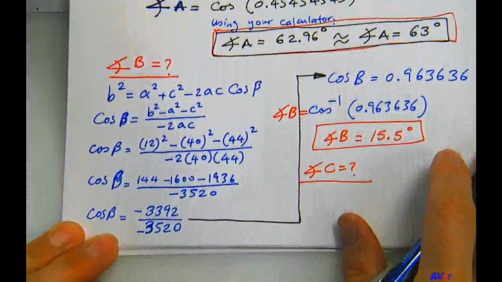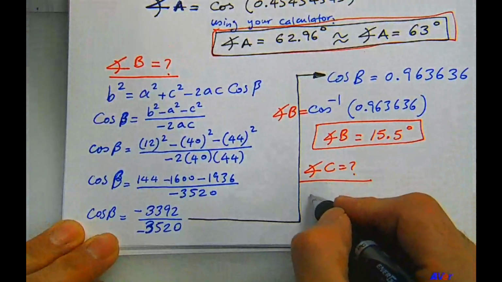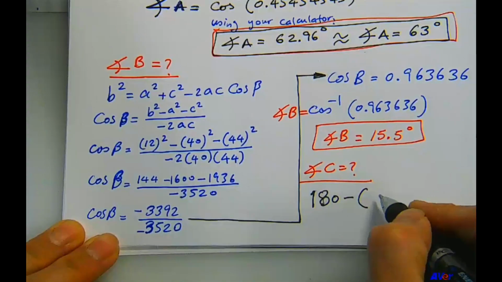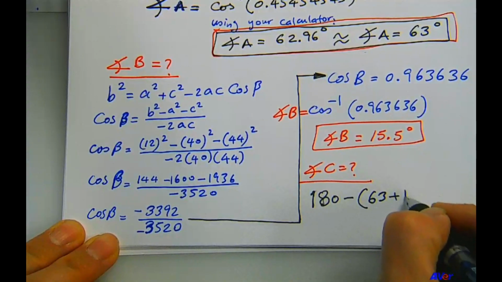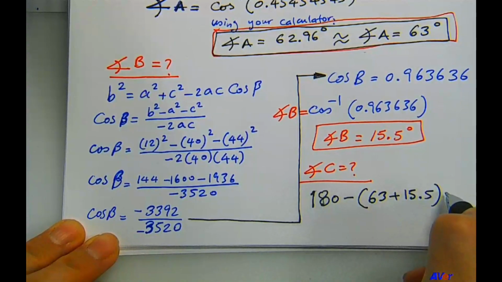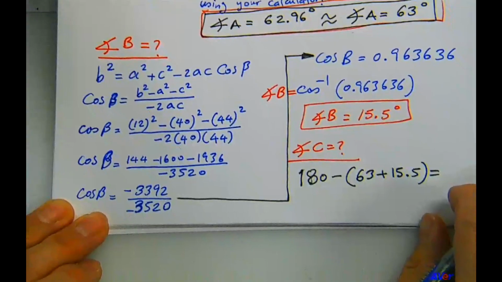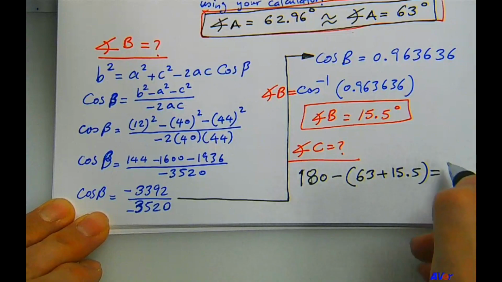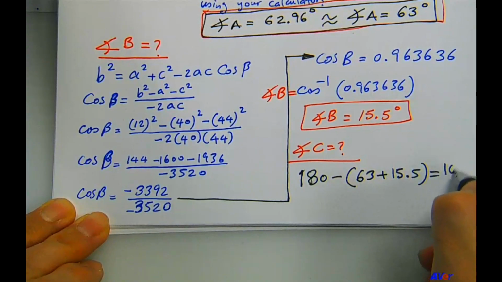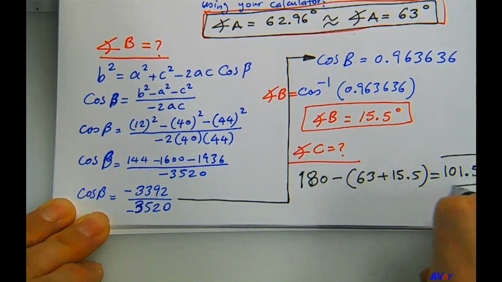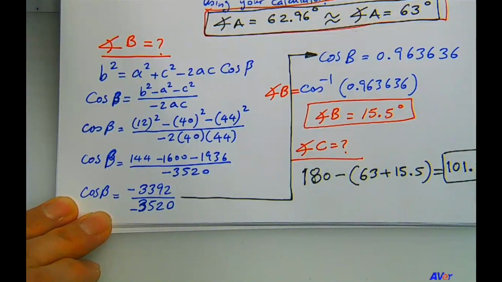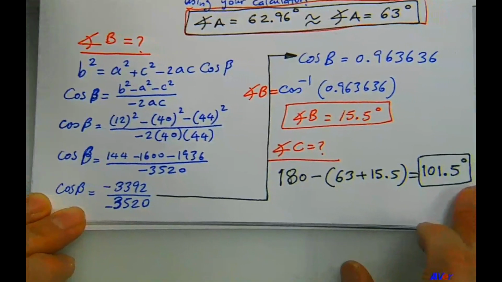We simply say 180 degrees minus 63 plus 15.5, and we get 101.5 degrees, and that is angle C. Oops, let me move this into the screen.